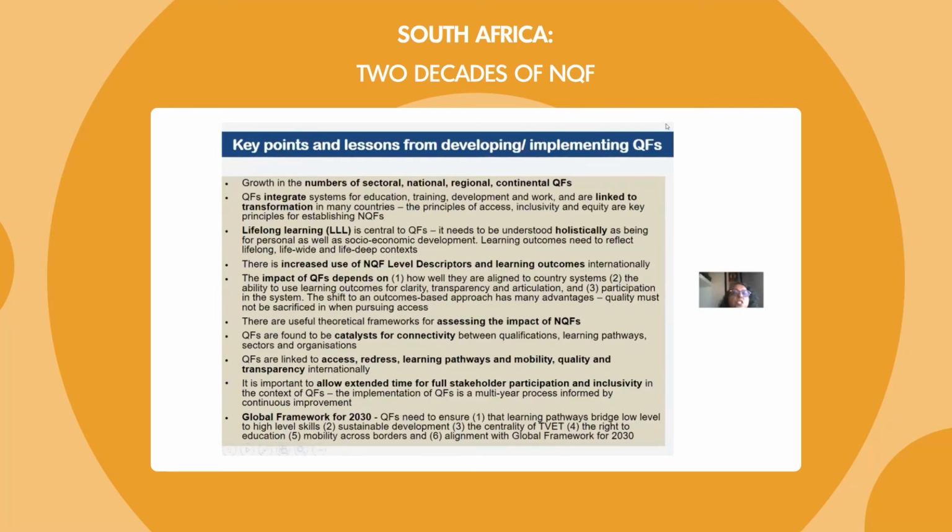The qualifications frameworks are catalysts for connecting qualifications, learning pathways, sectors and organizations, and a number of other things. In South Africa, qualifications frameworks are linked to access, redress, learning pathways, mobility, quality, and transparency, as we have shown. It is very important.